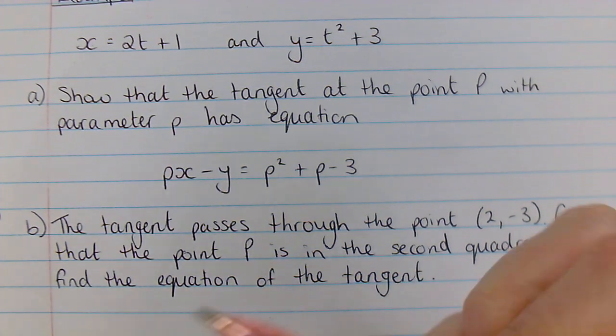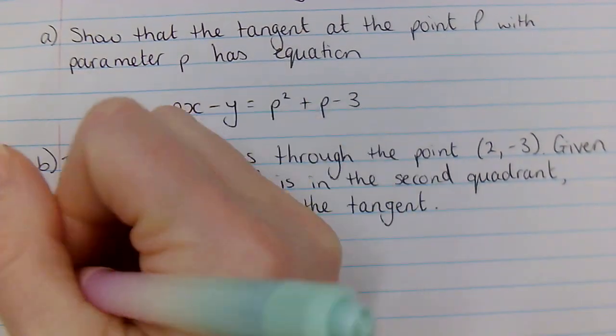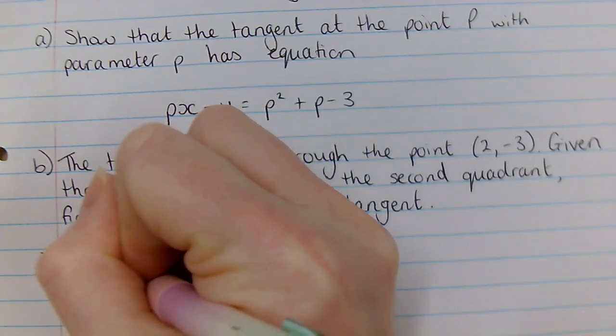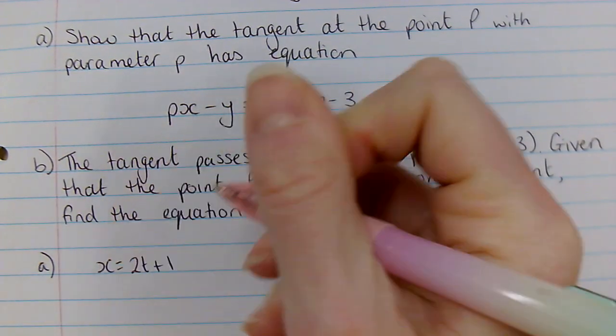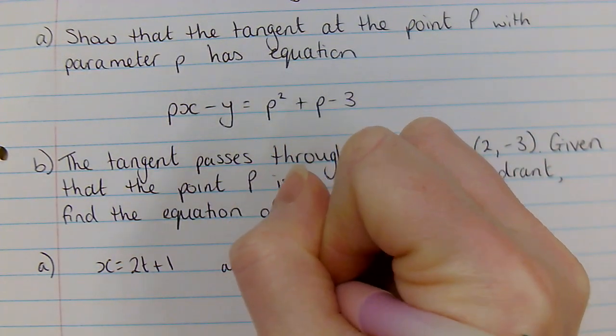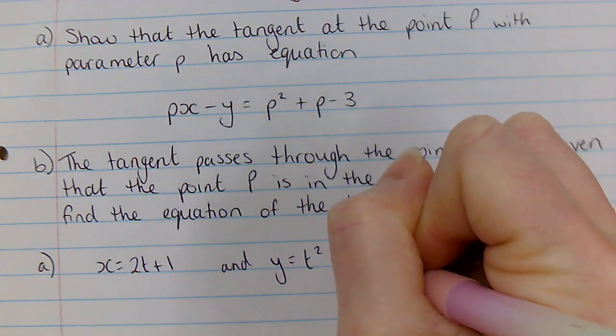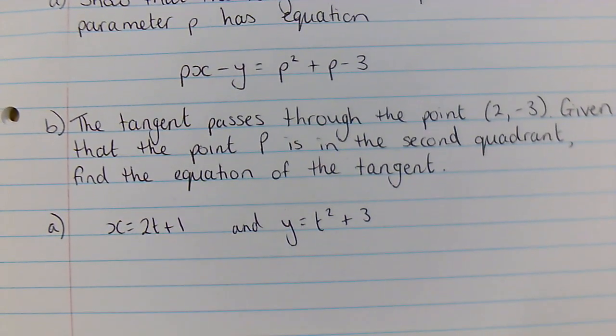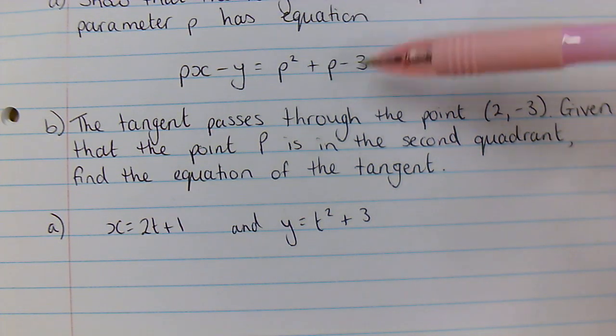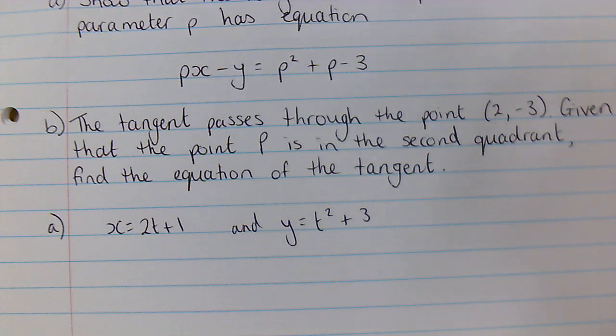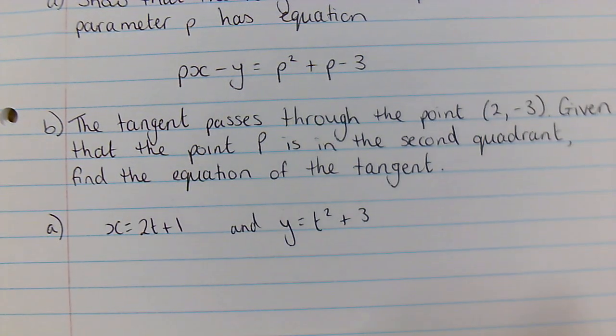Okay, well, if we start with part A, I'm going to write that again. We know x is 2t plus 1 and y is t squared plus 3. Because we're finding the equation of a tangent, we know that when finding the equation of a line, we need a point on the line and we need the gradient, which is going to be dy by dx.